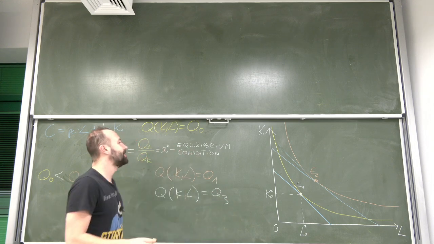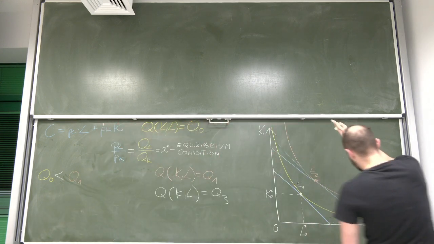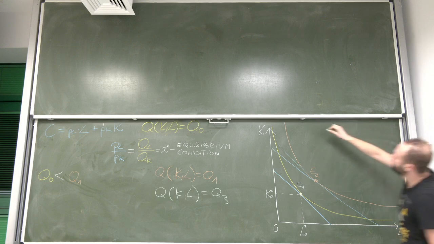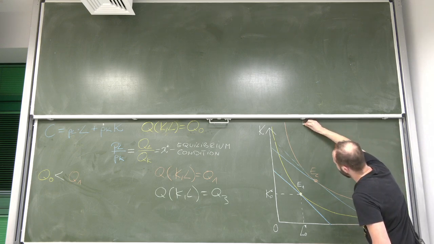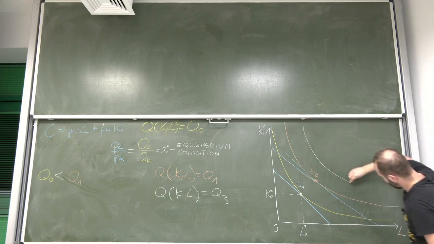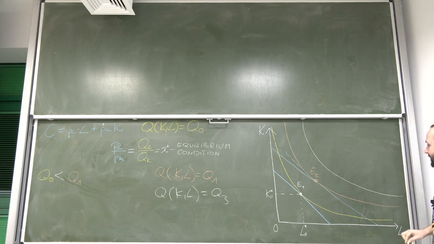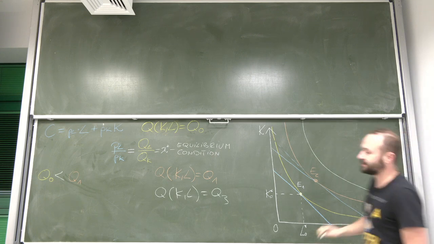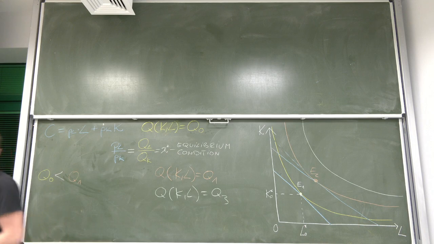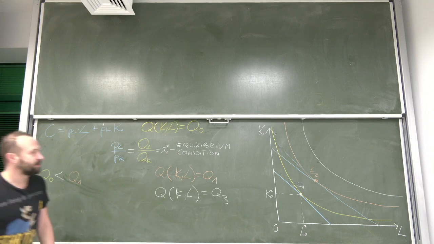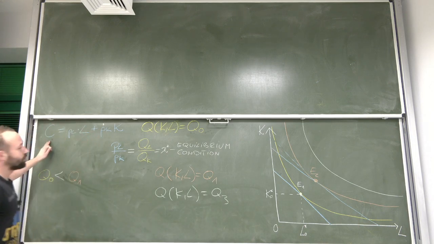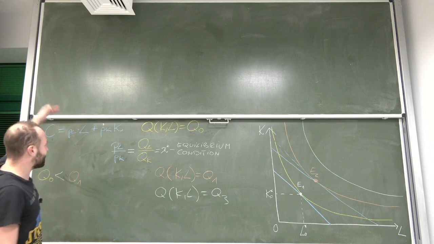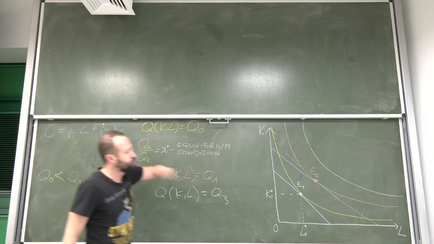So here we would see another isoquant like this, and in order to minimize the cost, of course, that is going to go up, because we are producing more.